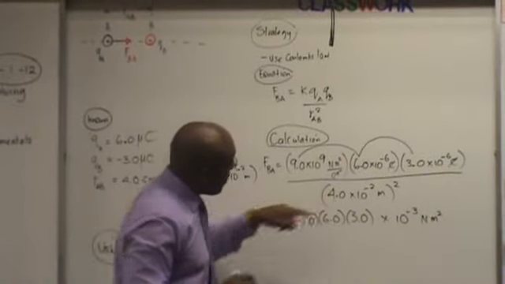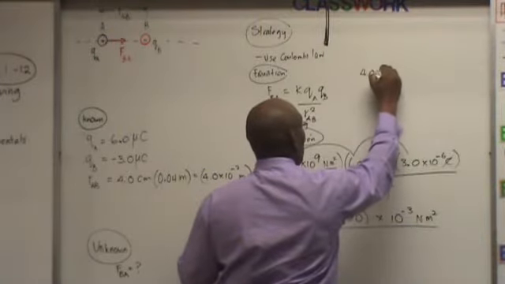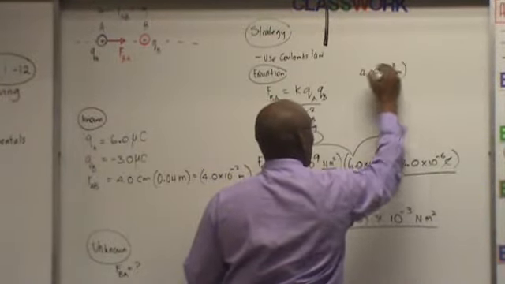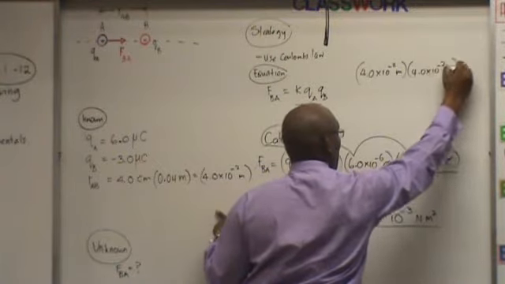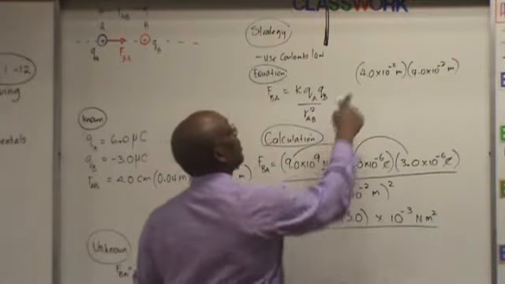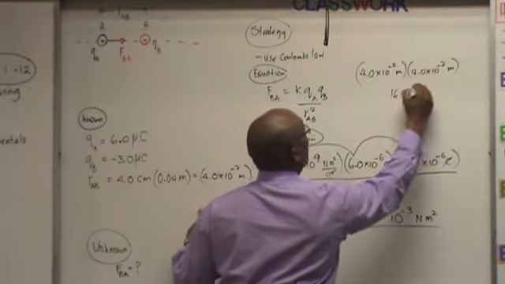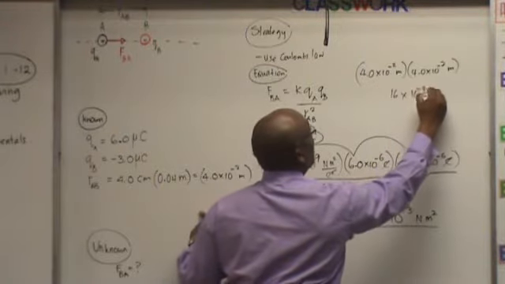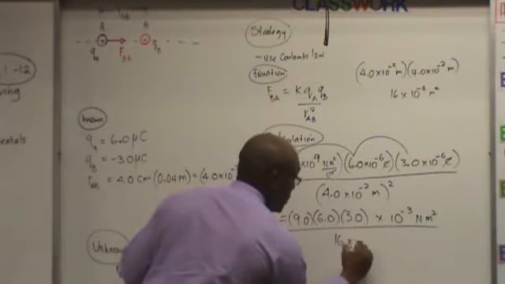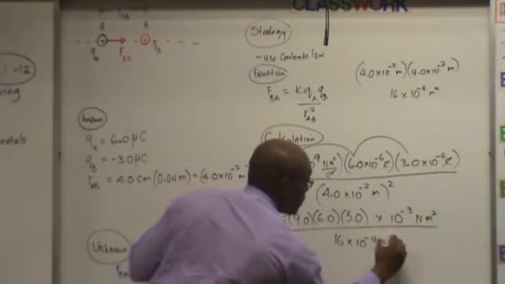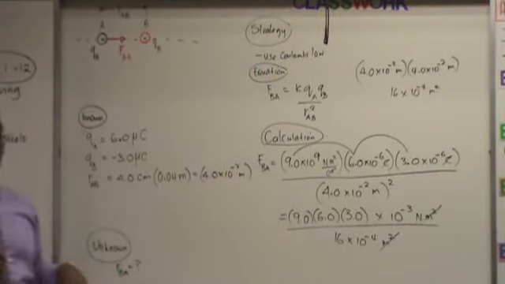Now let's square the bottom: 4.0 times 10 to the negative 2 meter times 4.0 times 10 to the negative 2 meter. What is that going to give us? 4 times 4 is 16, times 10 to the negative 4 meter squared. Meter squared cancels meter squared. So all I'm left with so far is N.